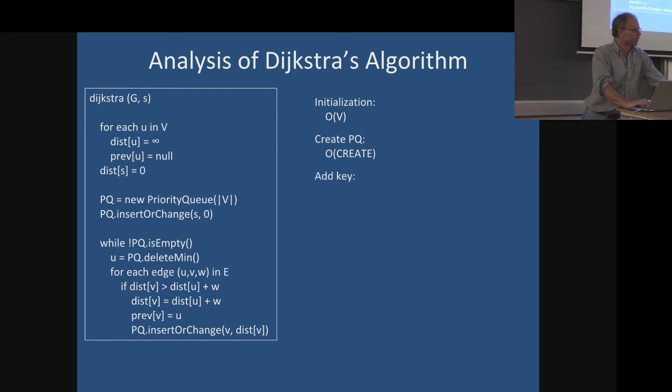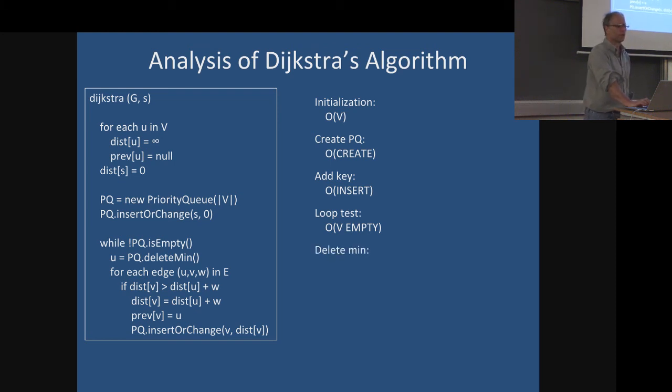Adding the key to the priority queue. It's whatever the cost of an insertion is. That loop test. How many times will we execute it? V times. So it's V times whatever the cost of testing whether the priority queue is empty. So I won't speculate, I'll just leave that symbolic.